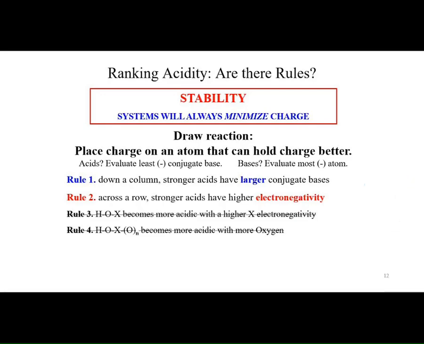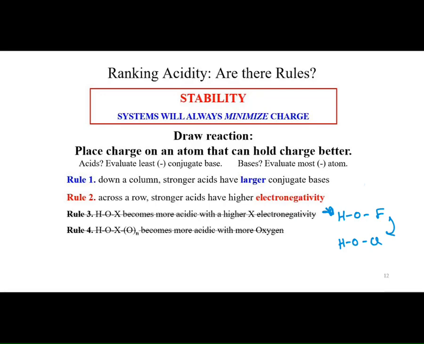When we look at rule 3, we're saying HOX, HOCl. We're saying that this one is more acidic than the one underneath. HOF is more acidic than HOCl because F, our atom X, has a larger electronegativity.